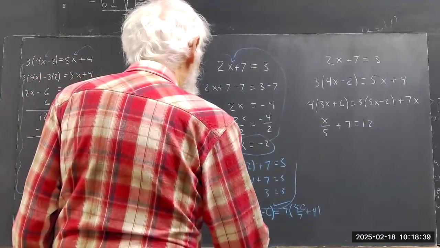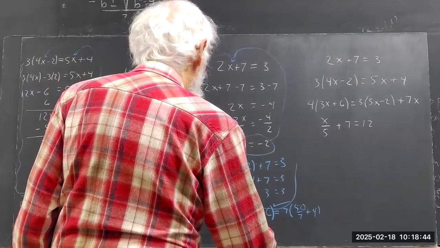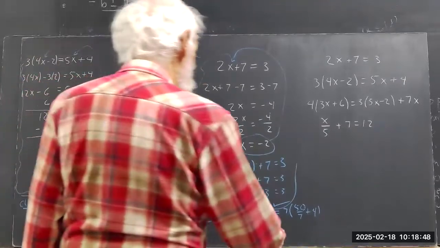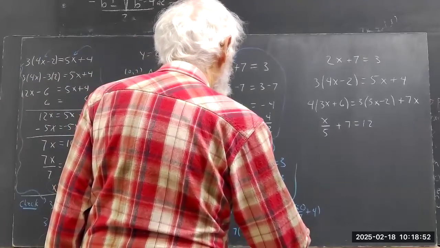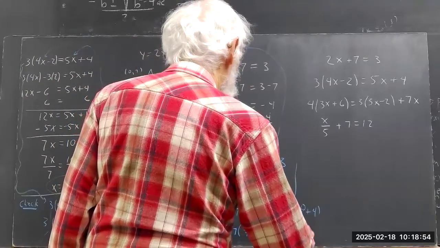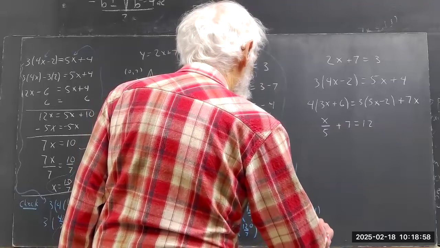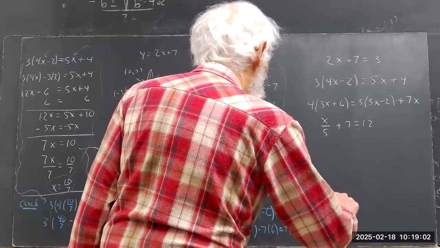Well, that's going to give me 7 times 120/7 minus 7 times 6 plus 7 times 4.